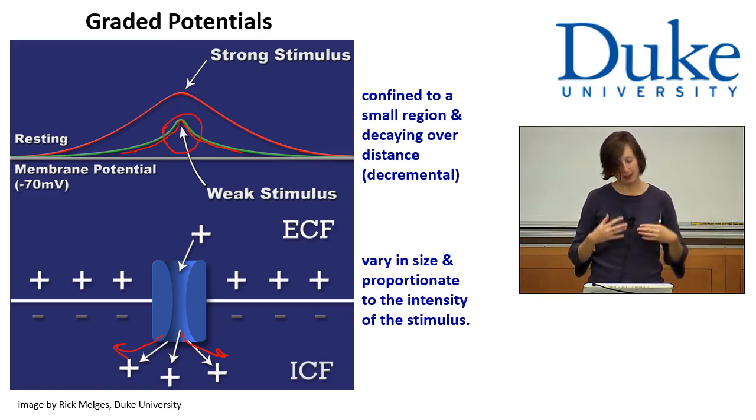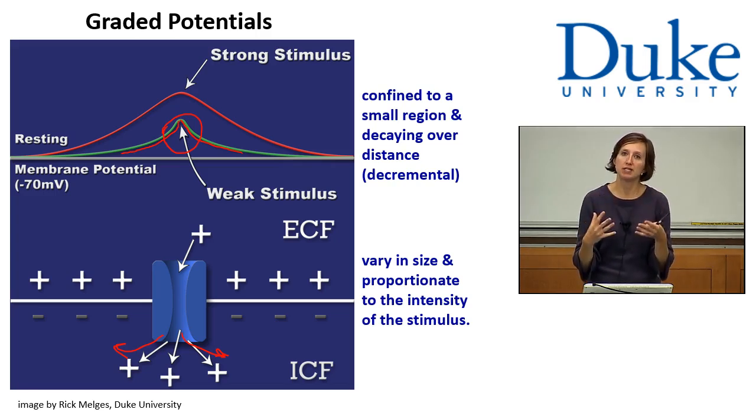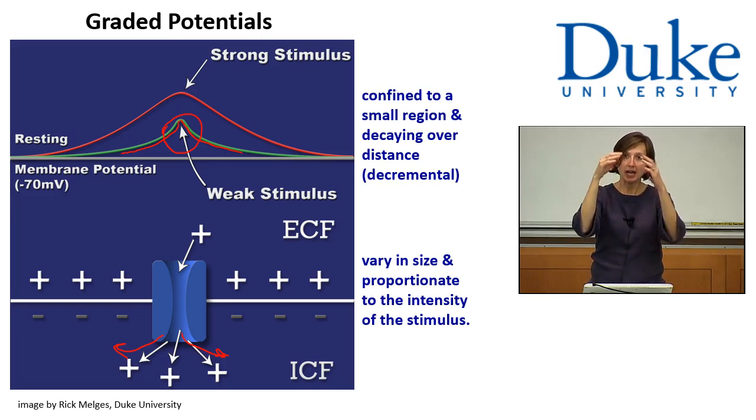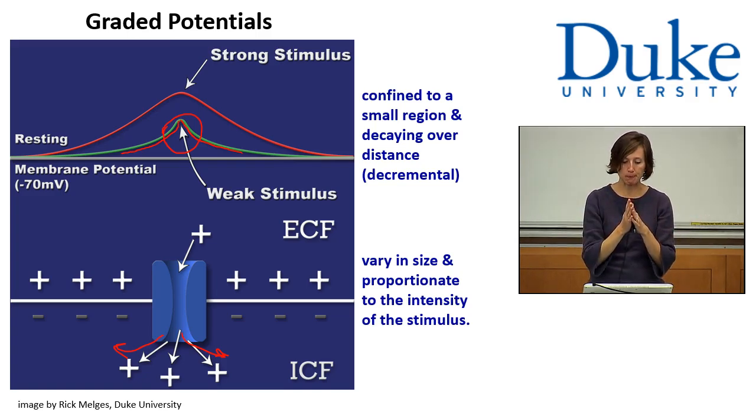So what's important to realize about these graded potentials is that they are going to decay over space along the membrane, and over time, as you've just put in a little pulse of that neurotransmitter, everything's diffusing away, and then those ion channels close.